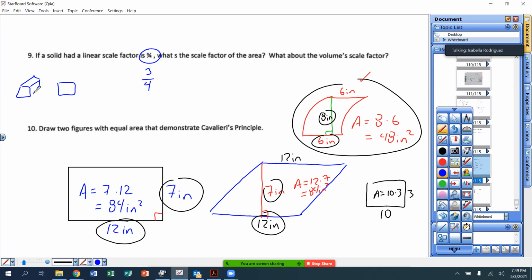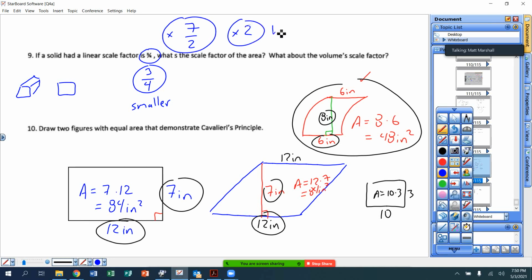If you have a scale factor smaller than 1, it's getting smaller. And if you had a scale factor bigger than 1, like a whole number, like times a scale factor of 2 or something, those mean you're getting bigger.